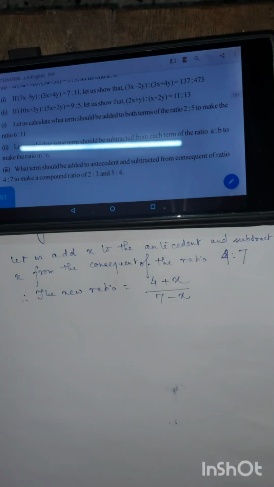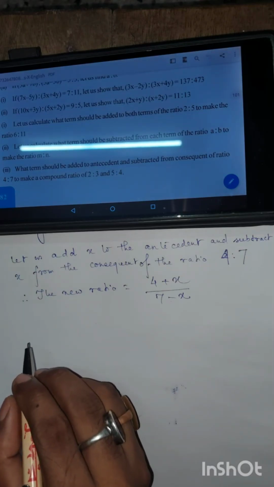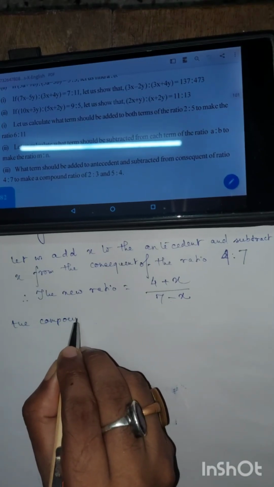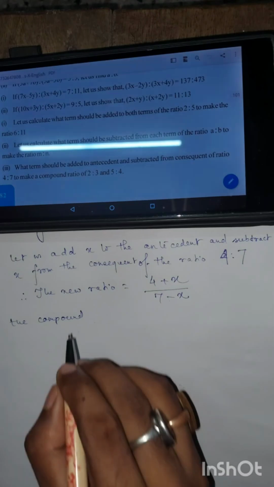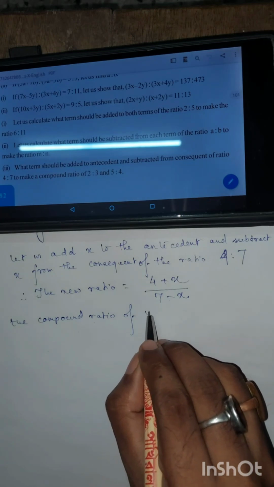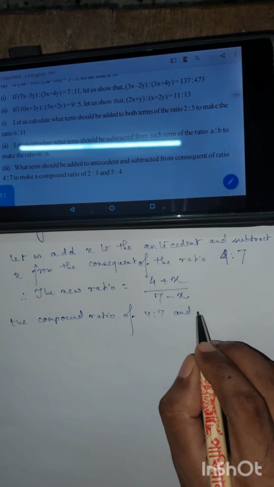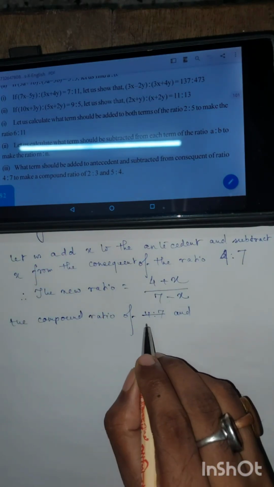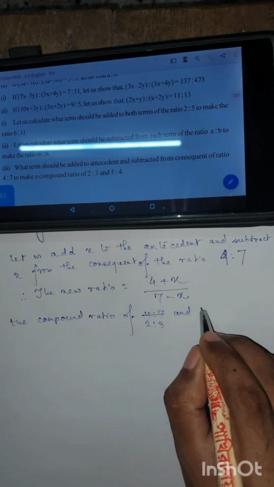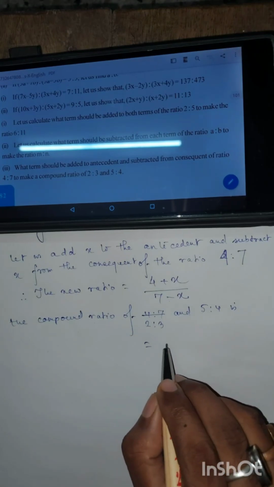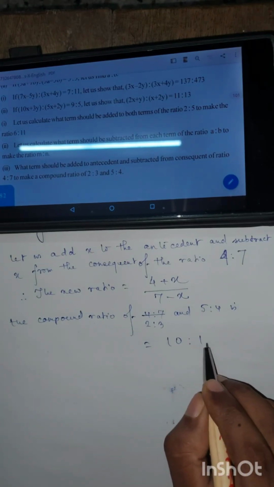And the compound ratio of 2:3 and 5:4 is equal to 10:12.